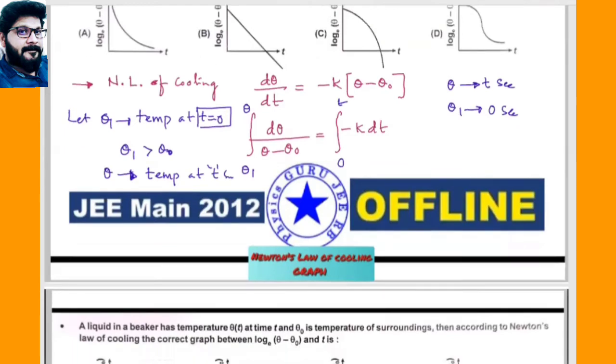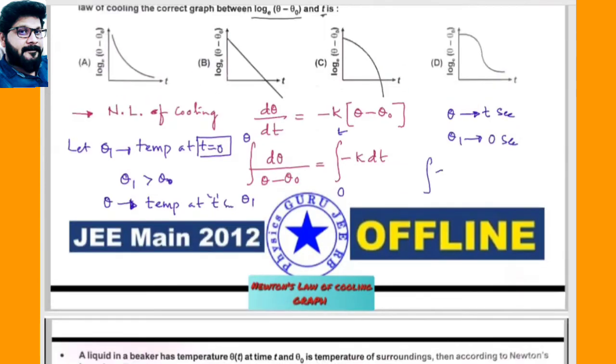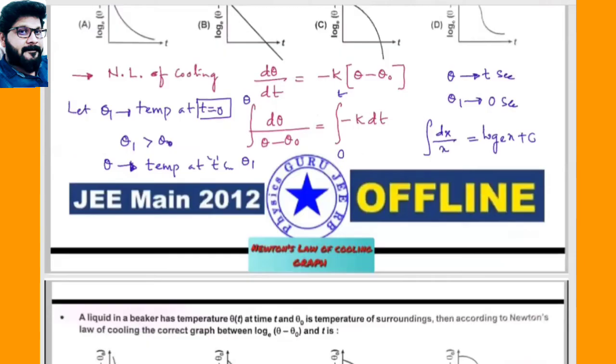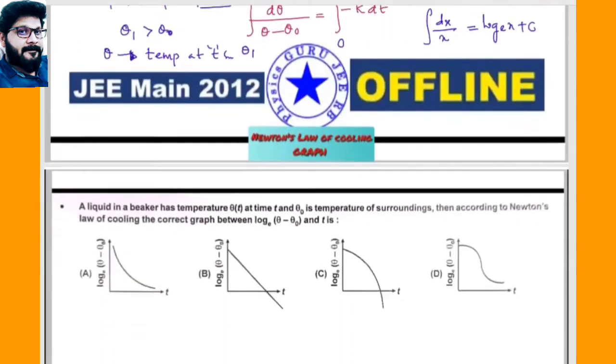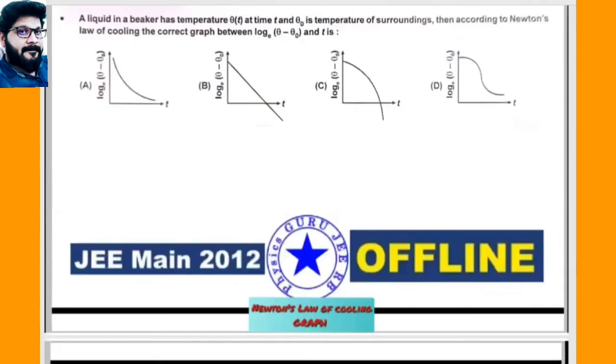Already we discussed that the integral of dx by x can be written as log base e of x plus c, the integration constant. So the integration of d theta by (theta minus theta naught) can be written as log base e of (theta minus theta naught), applying limits from theta 1 to theta, which equals minus k into t.